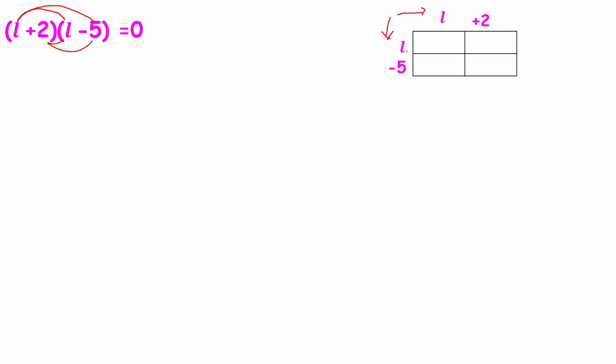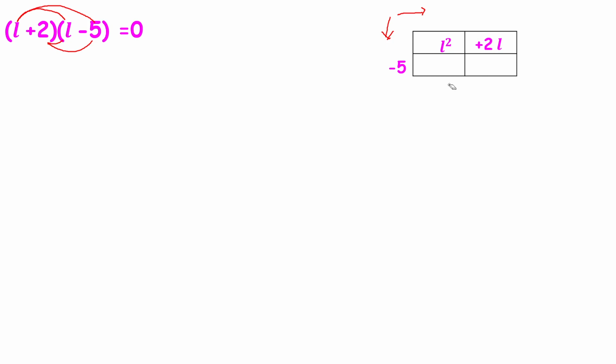Here L into L, that means multiplication of L 2 times, therefore we write here L square. Then we multiply L and plus 2 into L. What will we get? Plus 2L.